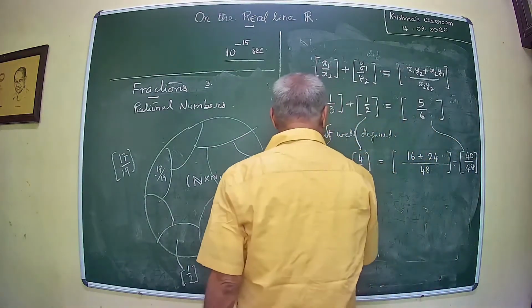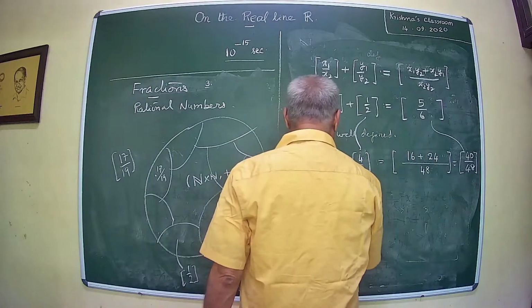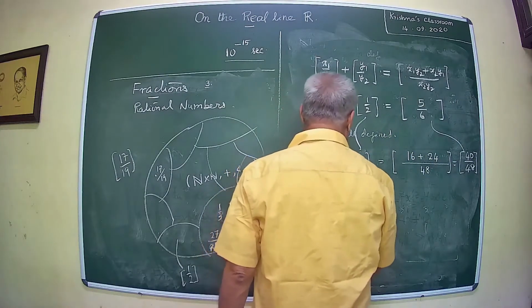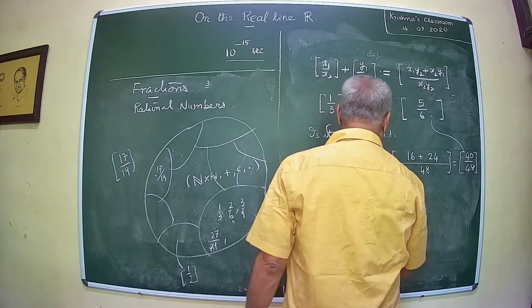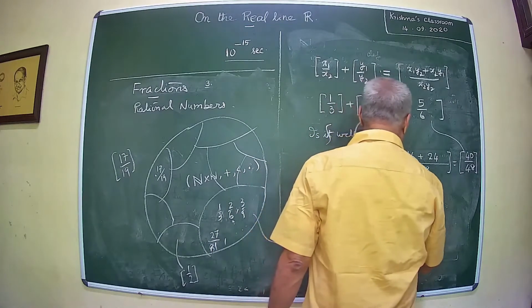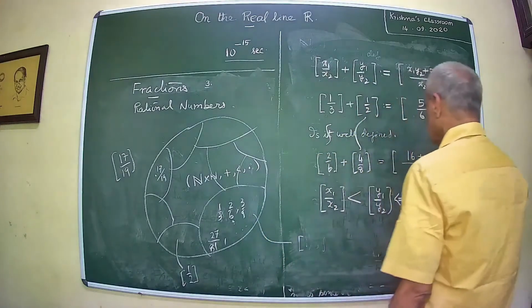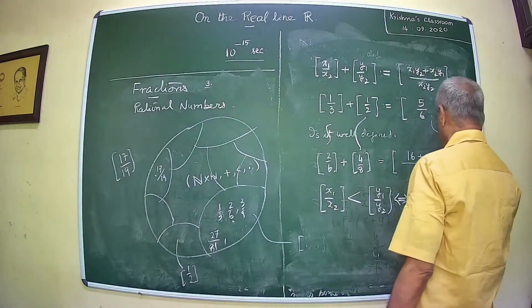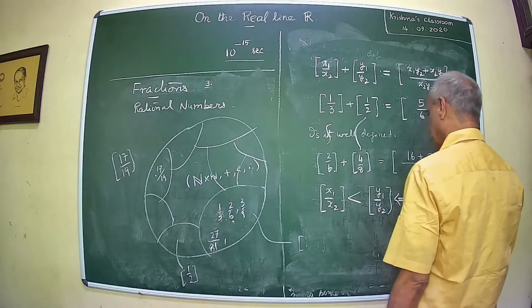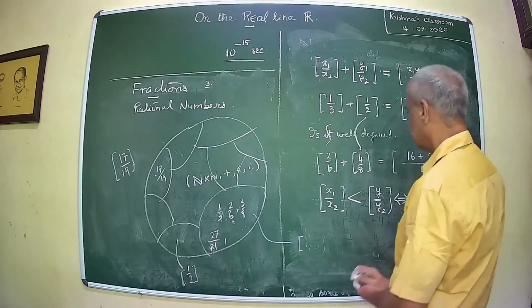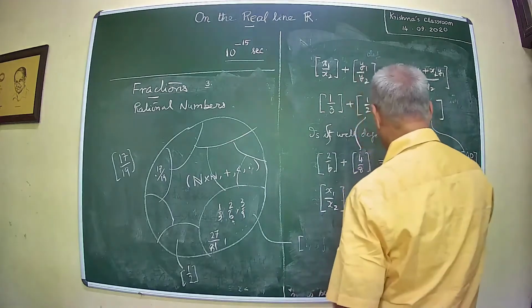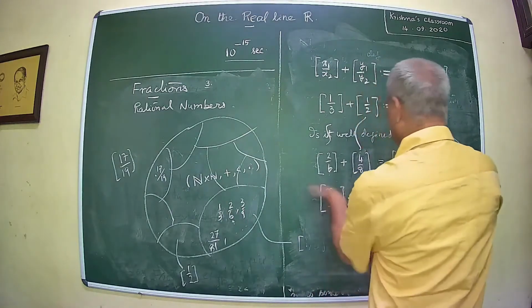We say that x1 by x2, there is no ambiguity in this, is less than y1 by y2 if and only if x1 y2 is less than x2 y1. Similarly, any representative member you can use.